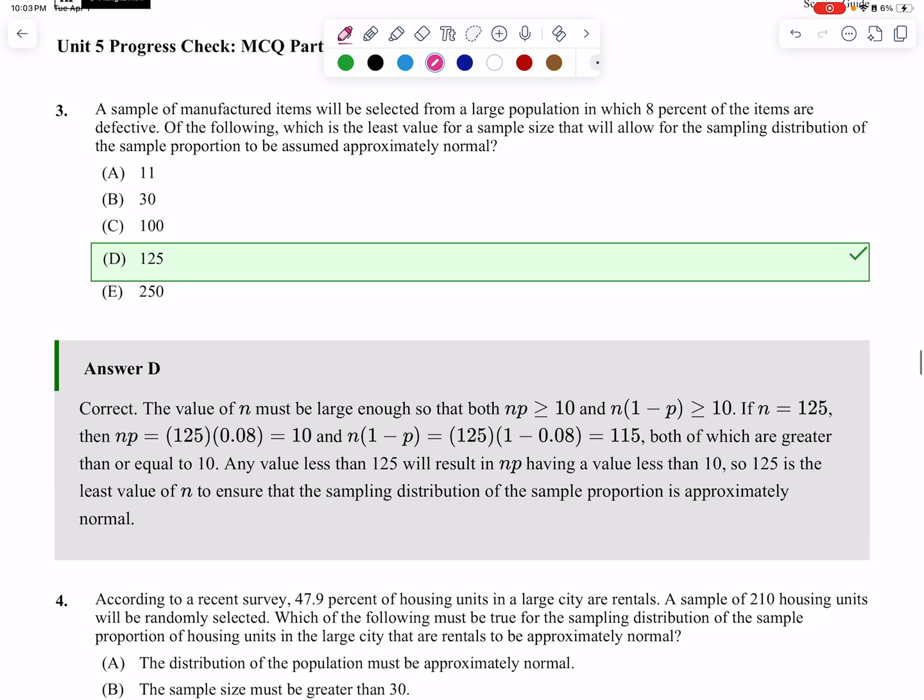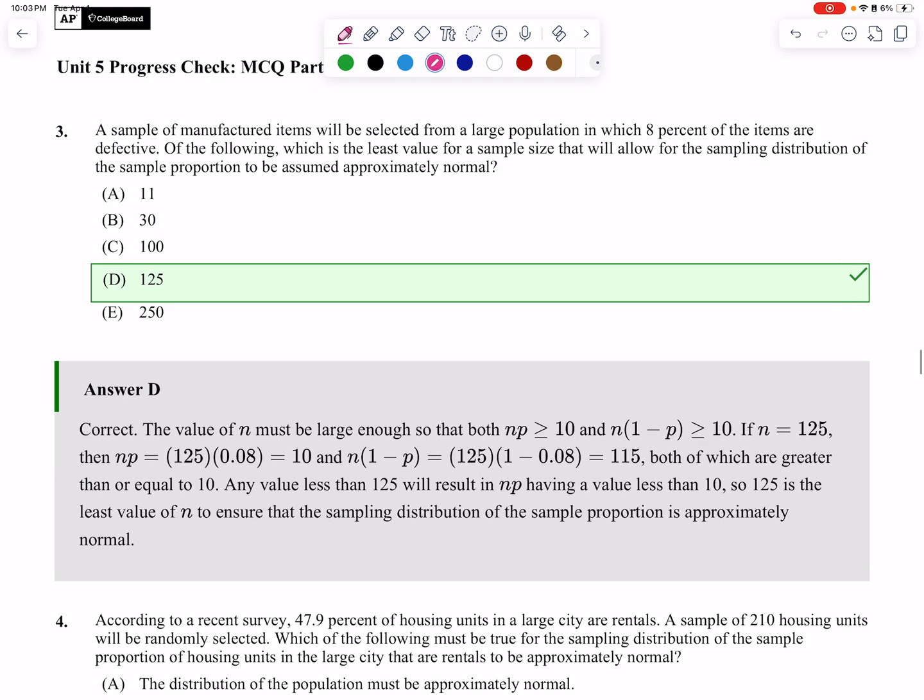All right, so 3 says a sample of manufactured items will be selected in a large population where 8% of the items are defective. Which is the least value for the sample size that will allow the sampling distribution of the sample proportion to be approximately normal?